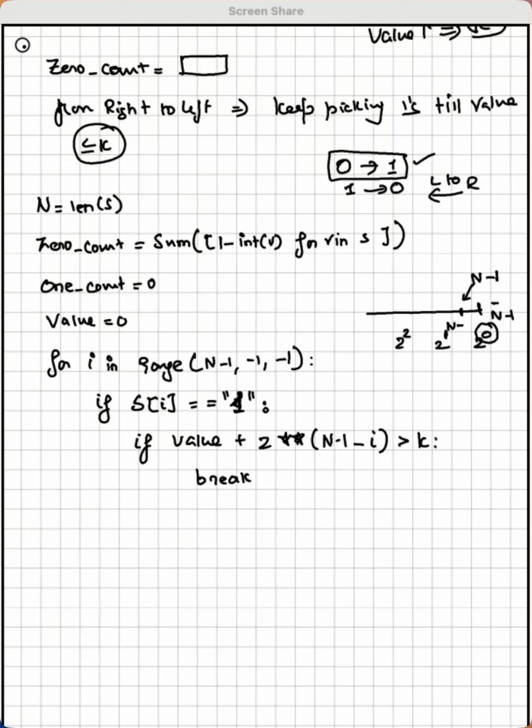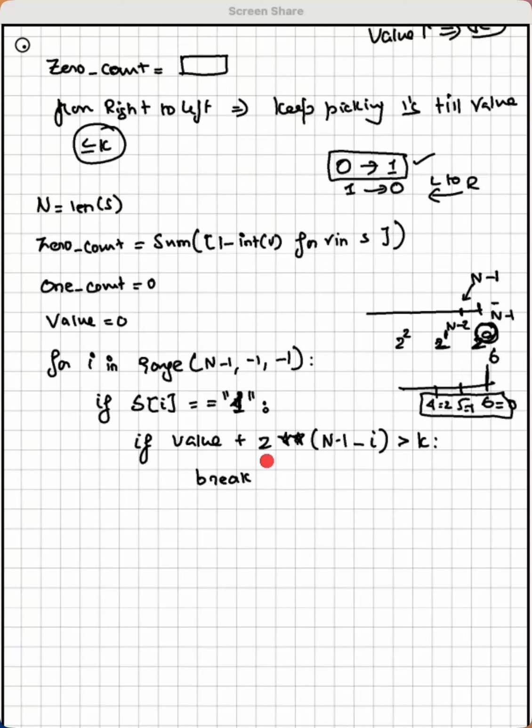N minus 1 minus n minus 2 gives me 1, right? So if this was 6, 6 minus 6 gives me 0. 6 minus 5 gives me 1. 6 minus 4 gives me 2. So when you read it in reverse order, you're creating this 0-based index.